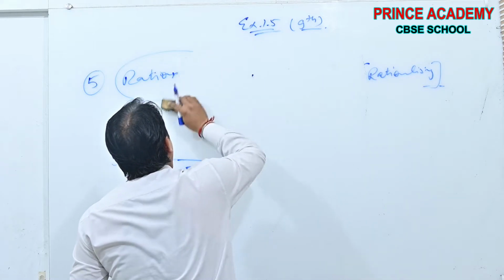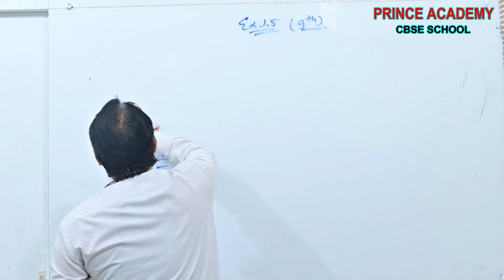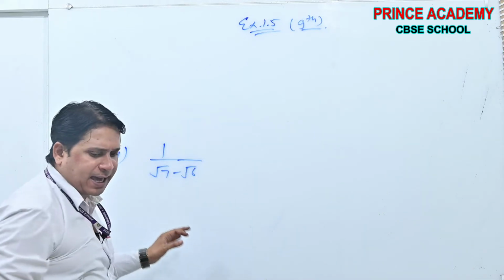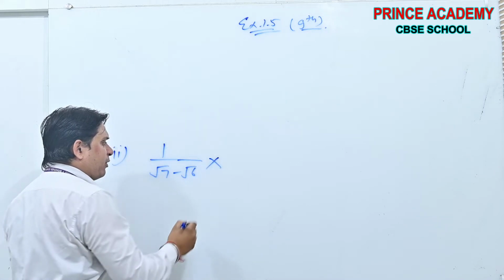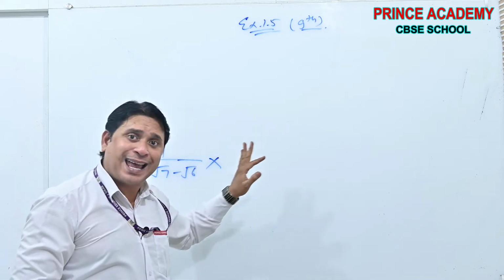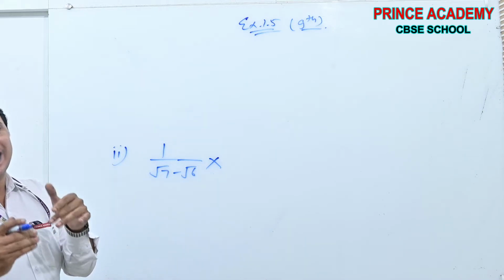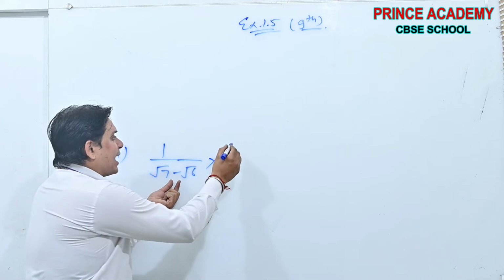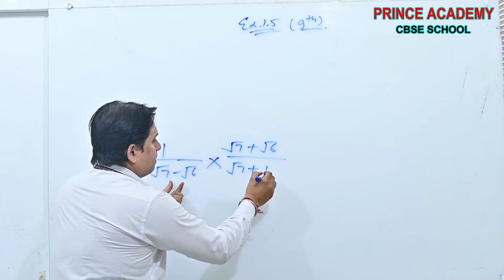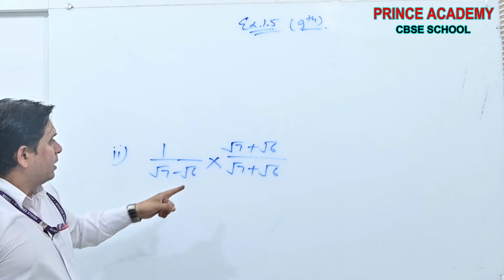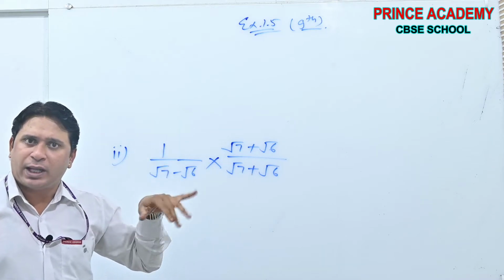But whenever the terms are 2 and you have to rationalize the denominator, see, multiply it with something and divide by that something. The value will be the same. Therefore, what I am doing? I will change the sign like this. Now see, the same thing is multiplied, the same is divided, no effect on the actual value.